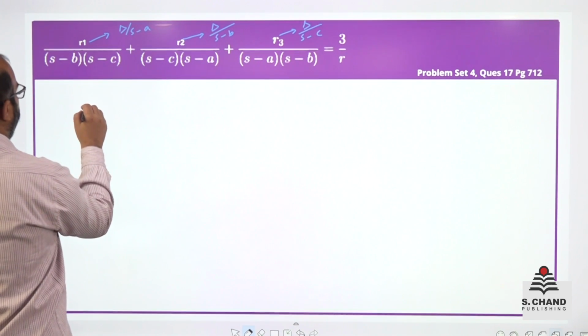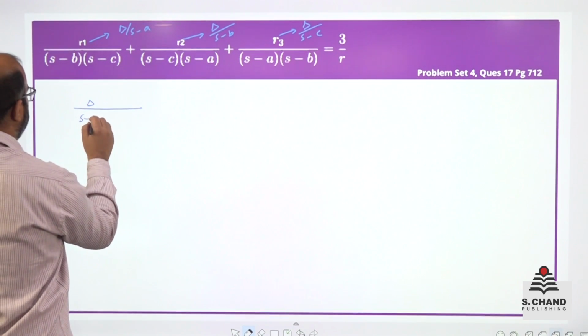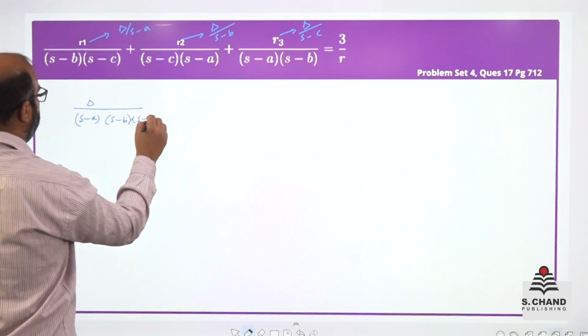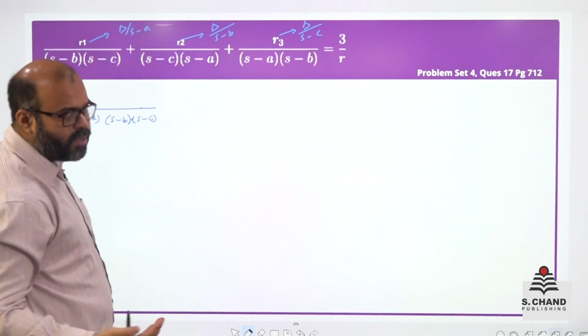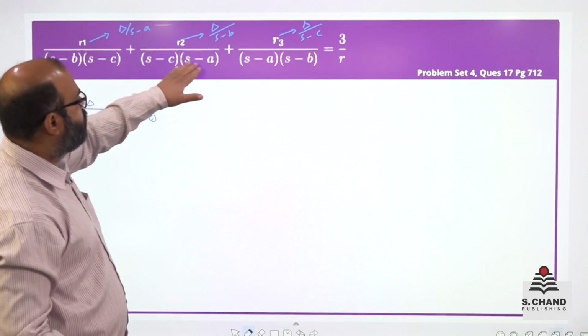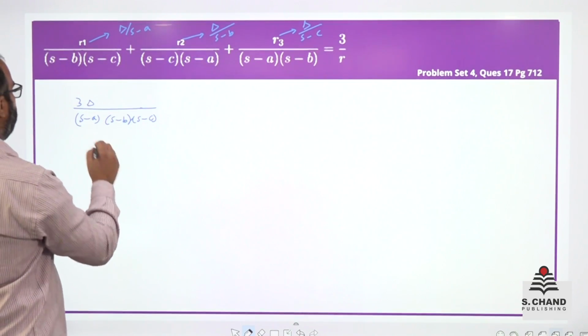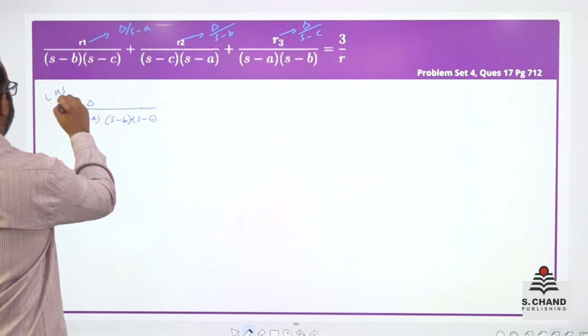So this will become triangle by (s minus a)(s minus b)(s minus c). Another one will also become the same, and the next one also. So 3 times of this. So this will be the left hand side.